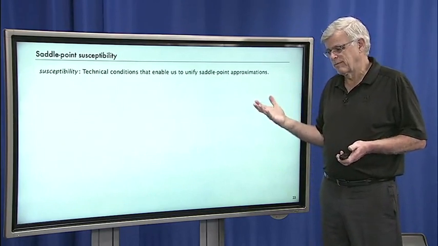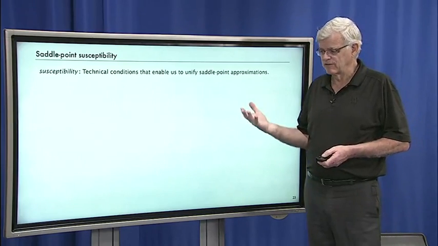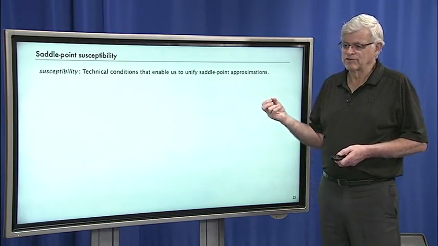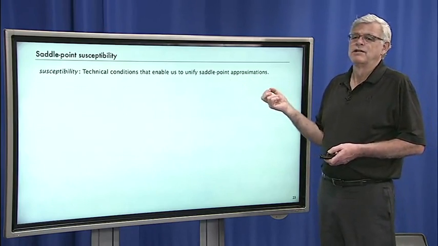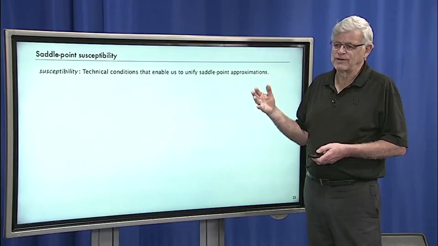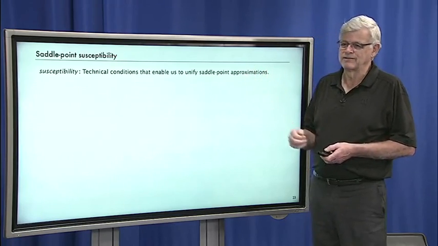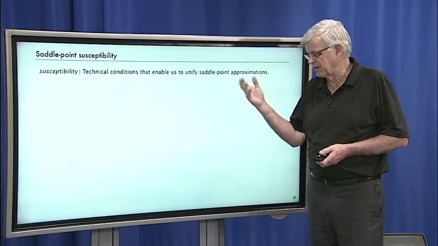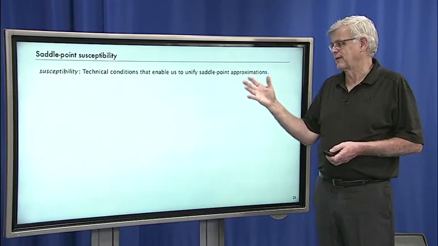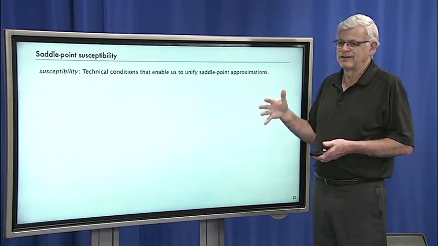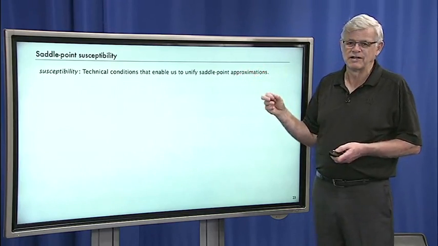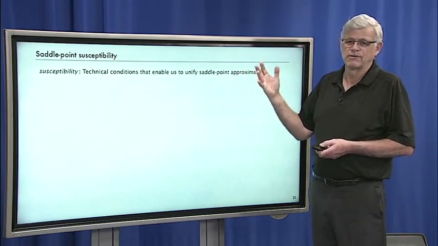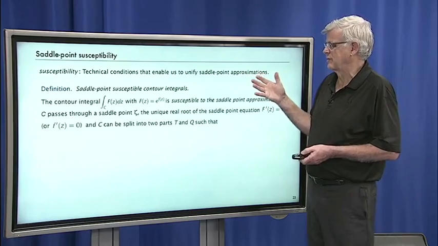Now, as with many of the transfer theorems that we consider in analytic combinatorics, there are technical conditions that need to be satisfied for us to apply this method. And just for completeness in this lecture, I'm going to call that susceptibility. That's just the name for the technical conditions that are going to be needed for saddle point approximations to work.